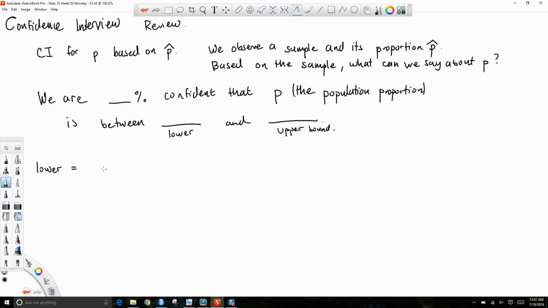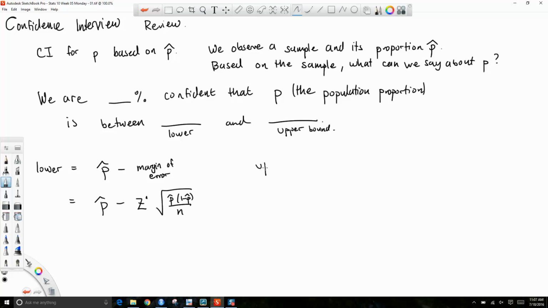Okay, and the way we find our lower bound is going to be p hat minus our margin of error. Okay, which is equal to p hat minus z star times the square root of p hat times 1 minus p hat over n.